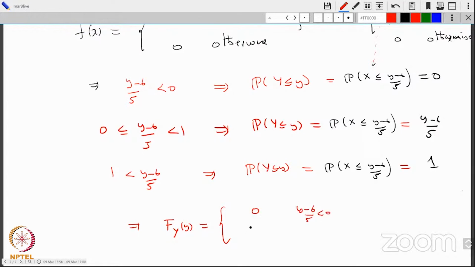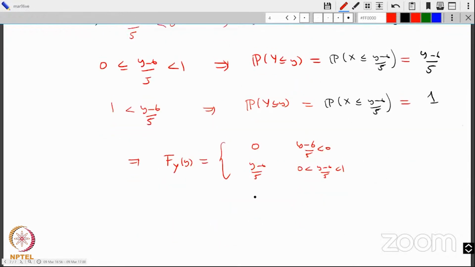It's going to give you (y minus 6)/5 if 0 is less than (y minus 6)/5 is less than 1. And it's going to give you 1 if (y minus 6)/5 is bigger than 1. Okay? Very good.